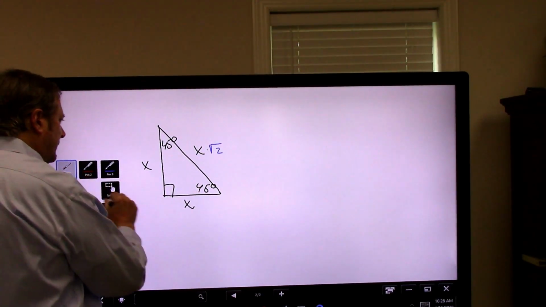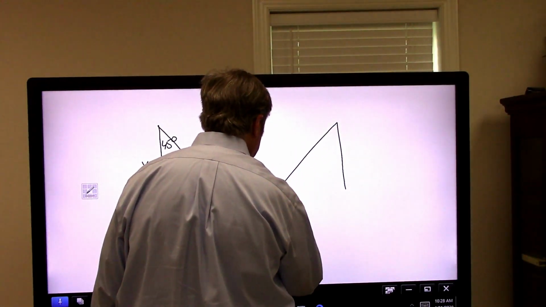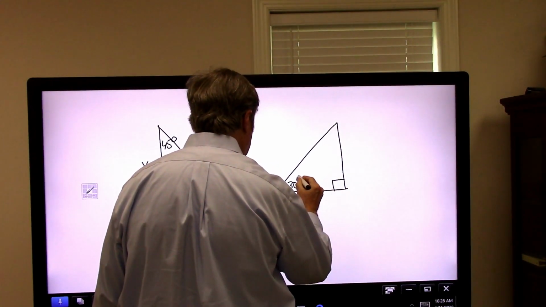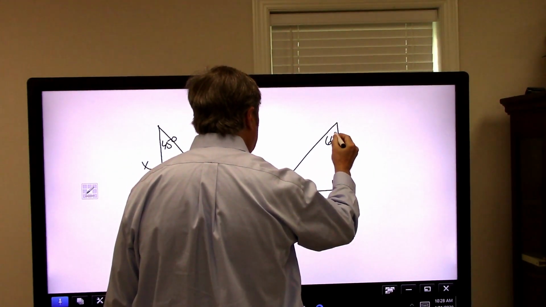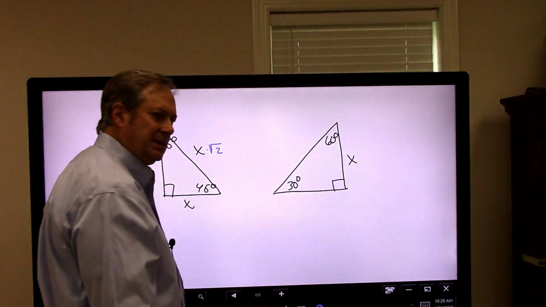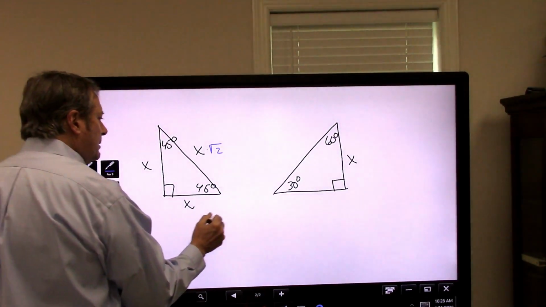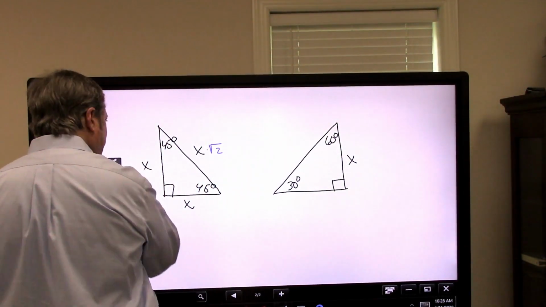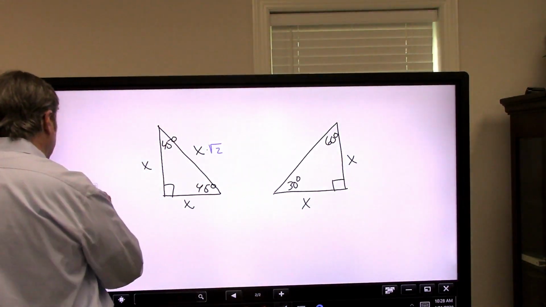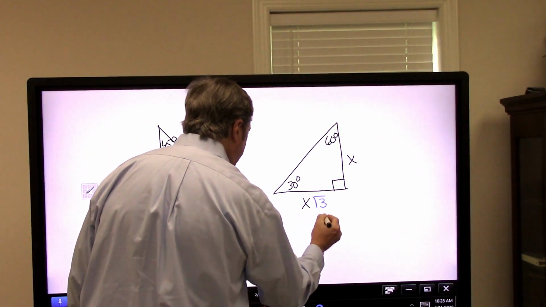And then the 30, 60, 90. The side across from this 30 is always going to be the x. Let me stay there for a minute. The side across from the 60 is always going to be x times the square root of 3.